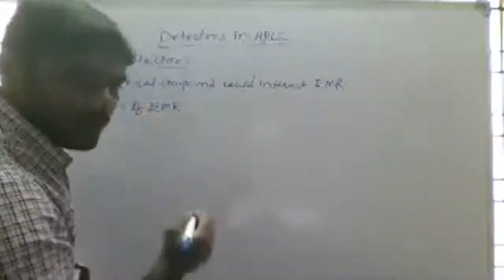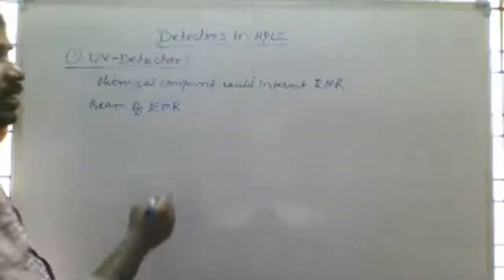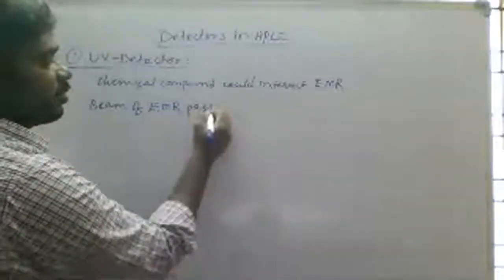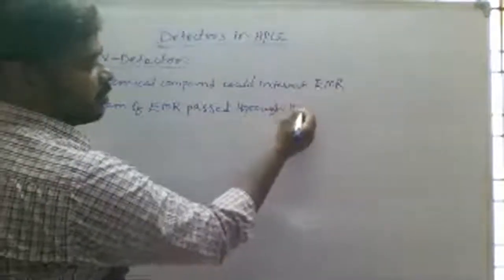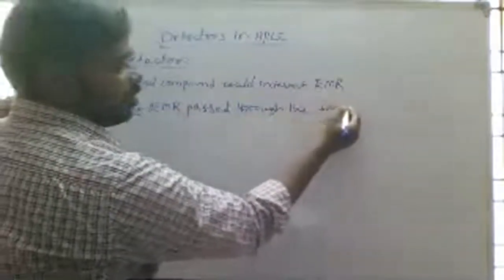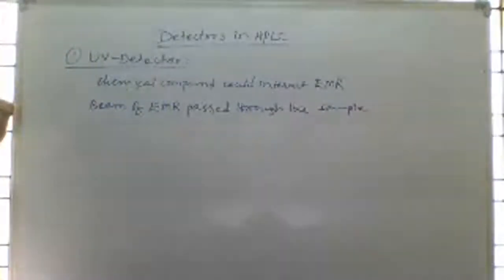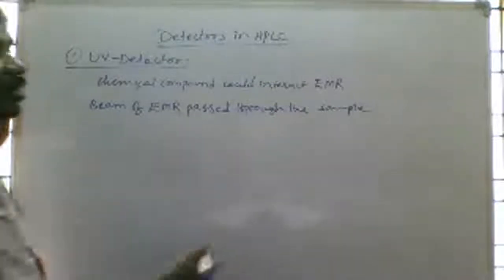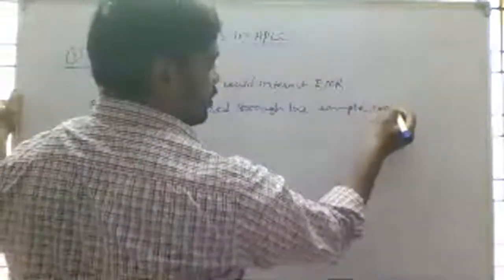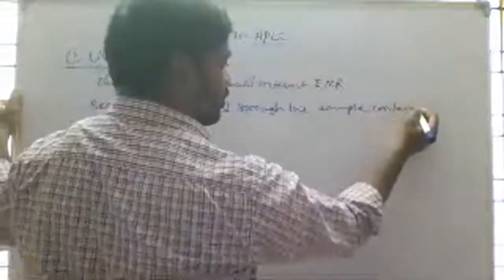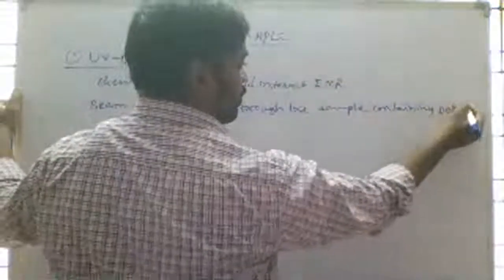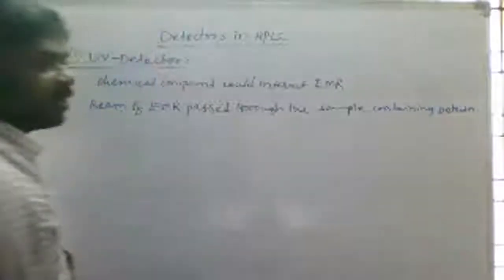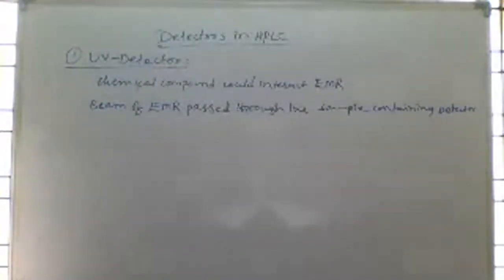EMR means electromagnetic radiation. A beam of electromagnetic radiation passes through the sample, through the sample-containing detector.